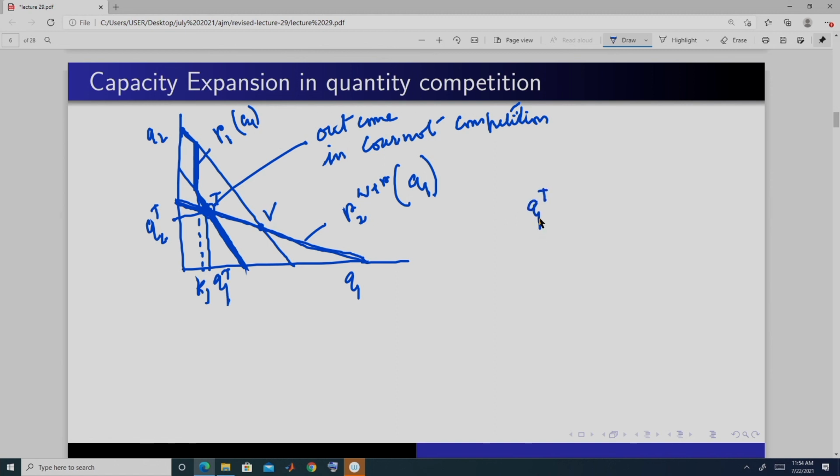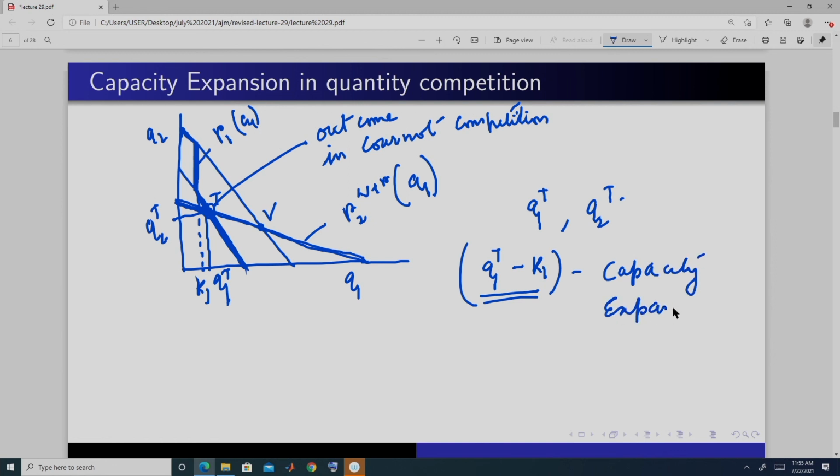Output of firm 1 is this, output of firm 2 is this, capacity of firm 1 is K1. So, this much amount it has to expand. So, this much is the amount of capacity expansion by firm 1 in this situation.